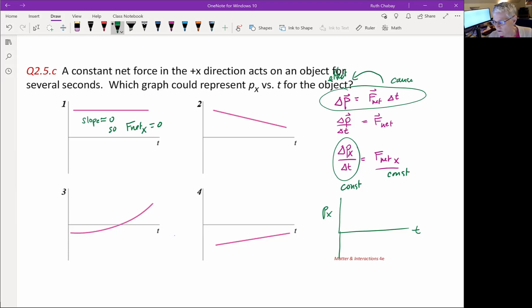So graph 2, here the slope is less than 0. So that tells us that the net force in the x direction is negative. The slope isn't changing, it's constant, so this says there's a constant net force in the minus x direction.